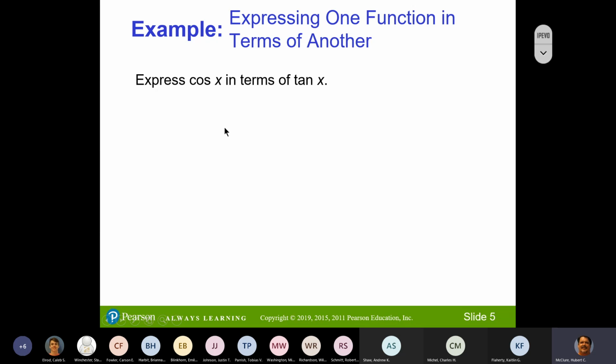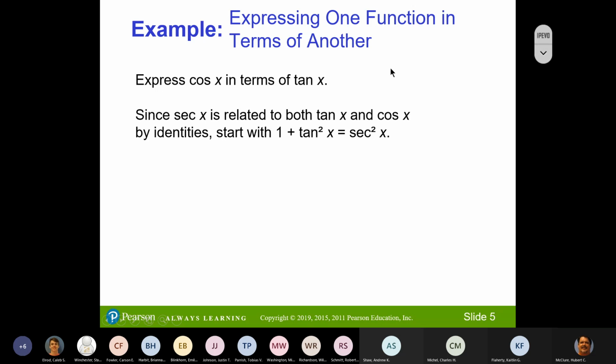That's what you're doing. So if I want to express cosine in terms of tangent, I could just do it with the Pythagorean identities. Cosine of x in terms of tangent. Since secant is related to both tangent and cosine, start with 1 plus tangent squared x is equal to secant squared.